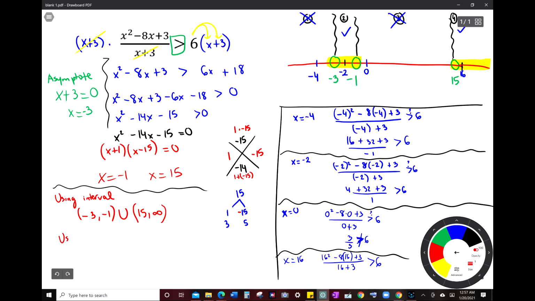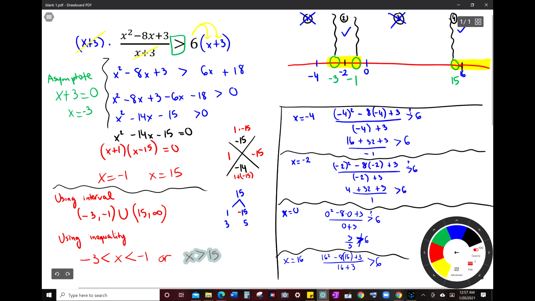And now I'll show you how to use inequality notation. So if you use an inequality, you have -3 strictly less than x, strictly less than -1, or, so union will be or, and then you have x is greater than 15.